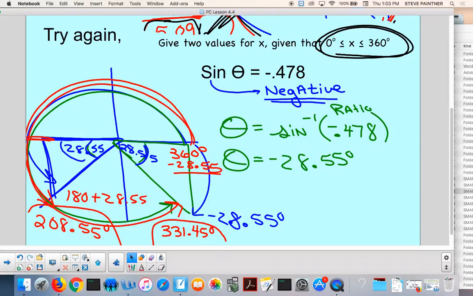Well, the whole circle is 2 pi. You went 1 minus 2.